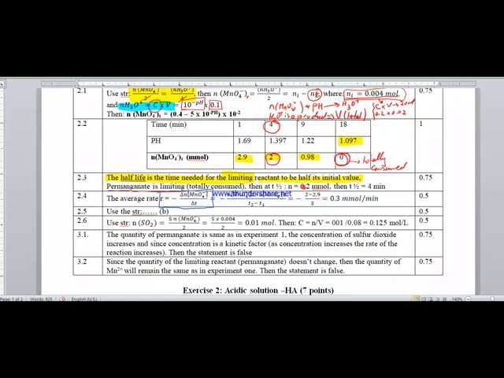We apply the relation between 1 and 4 minutes, because I ask about the average rate between 1 and 4 minutes. We substitute the values of number of mole and calculate. Our rate will be equal to 0.3 millimole per minute.